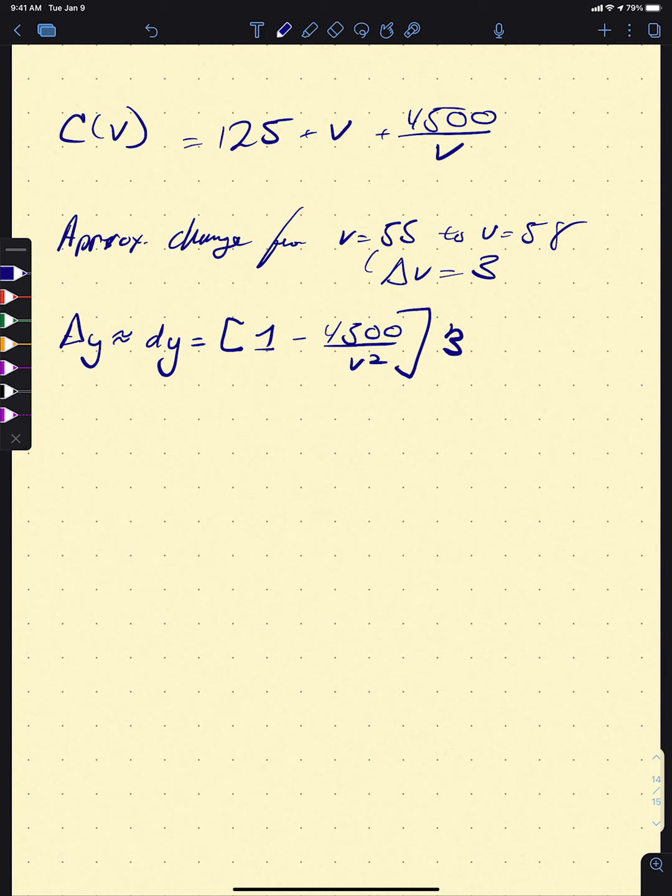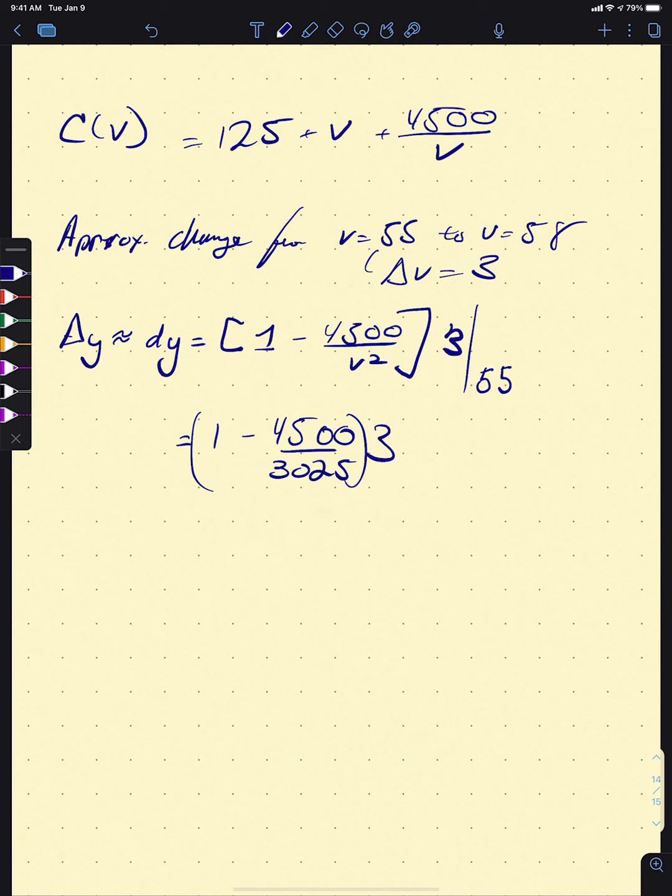And in particular, we need to plug this in for v equals 55, right? Because our delta v is dependent on our specific value of v. So that's going to come out to 1 minus 4,500 over 3025 times 3, right?